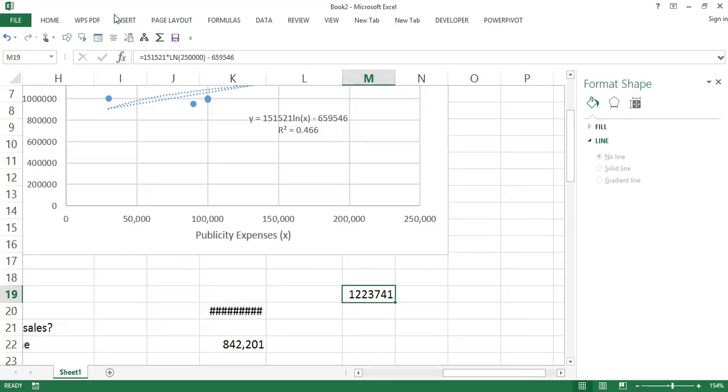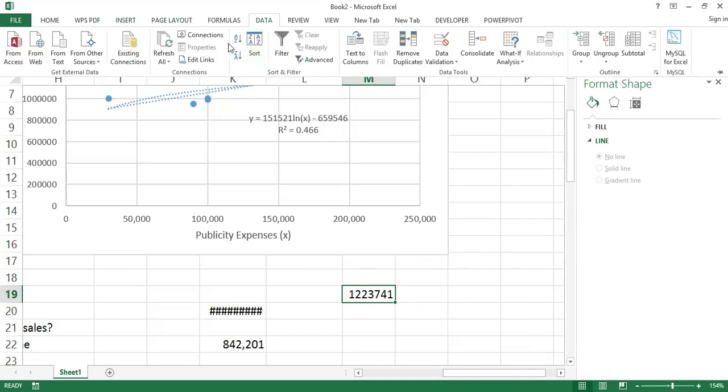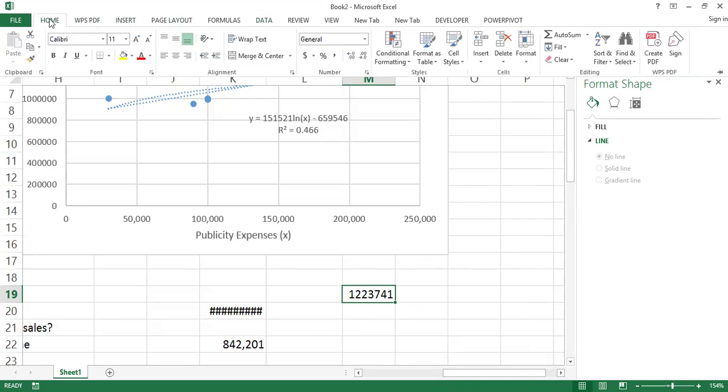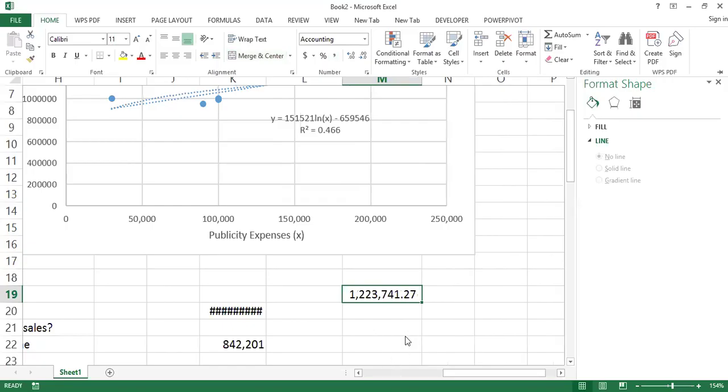But like I said, you can't use this. I've already explained why. But if it were the most suitable one that you need to use, it's as simple as what we just did now. It's not complicated.